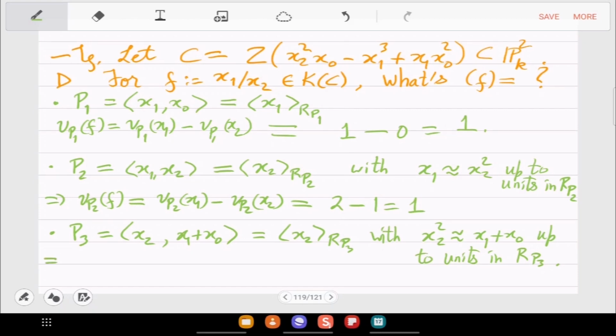Okay, and what is the valuation of the function now? It's again for x1, you will get what?